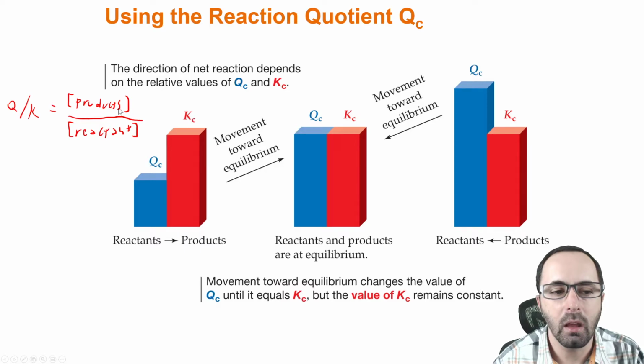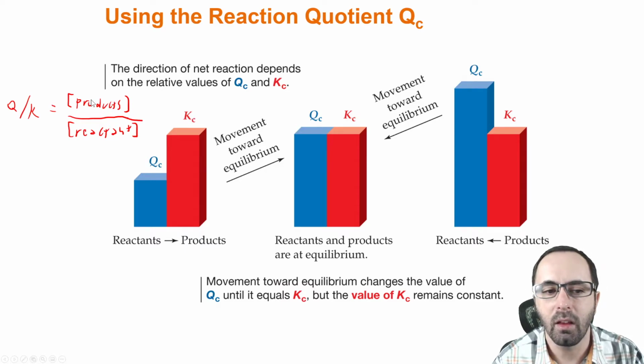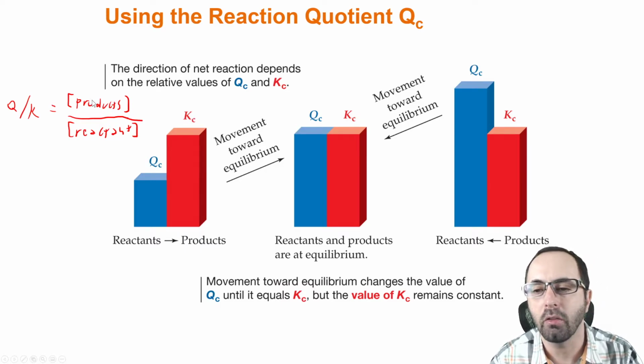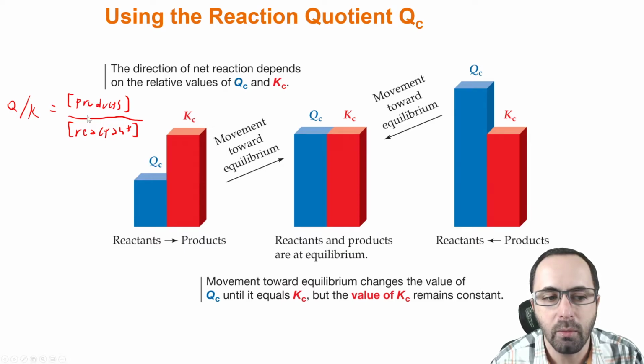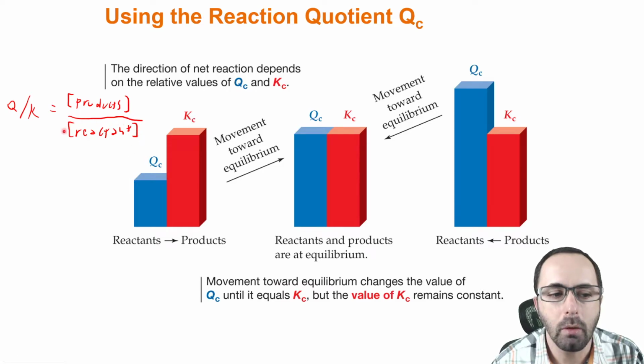So a big Q or a big K indicates a situation where there are a lot of products, whereas a small Q or K indicates less products and more reactants at that time. So let's say we calculate Q and we get a Q that is very small. What that means is that the bottom of this fraction must be big.